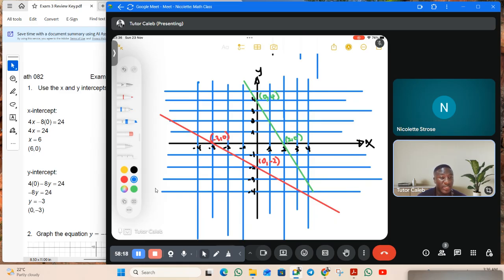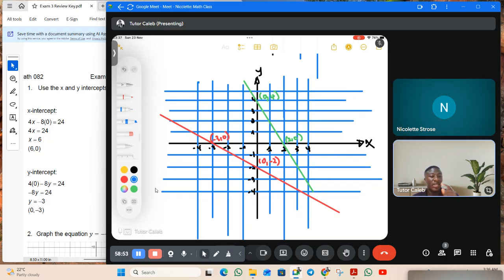Then I told you to notice something about the coordinates that you gave me. And we both saw that whenever a line cuts the y-axis, at the point where it's cutting the y-axis, the x coordinate will always be 0. For the green line, the point at which the line cuts the axis is 0, 4. The x coordinate is 0 and the y coordinate is 4.